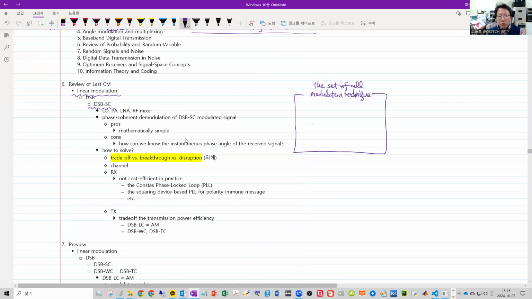And here is a very small subset called the subset of all linear modulation techniques. However, in order to make it clear, let me hugely exaggerate its size so that it takes up half of this universal set. So here goes the subset of linear modulation techniques.